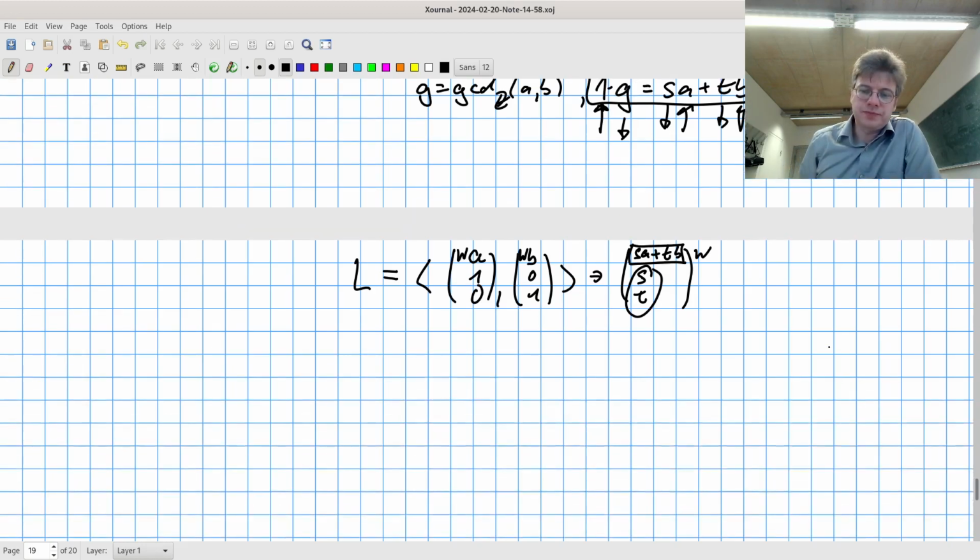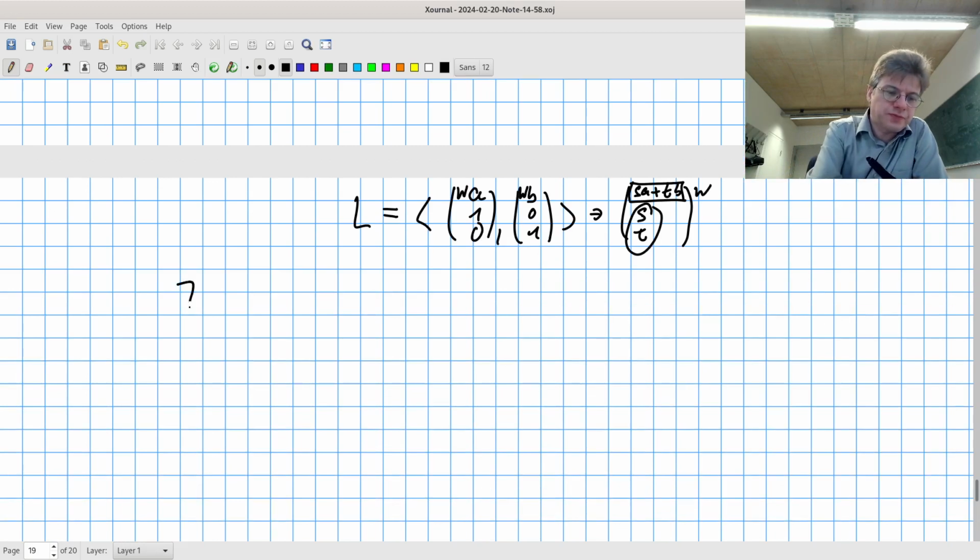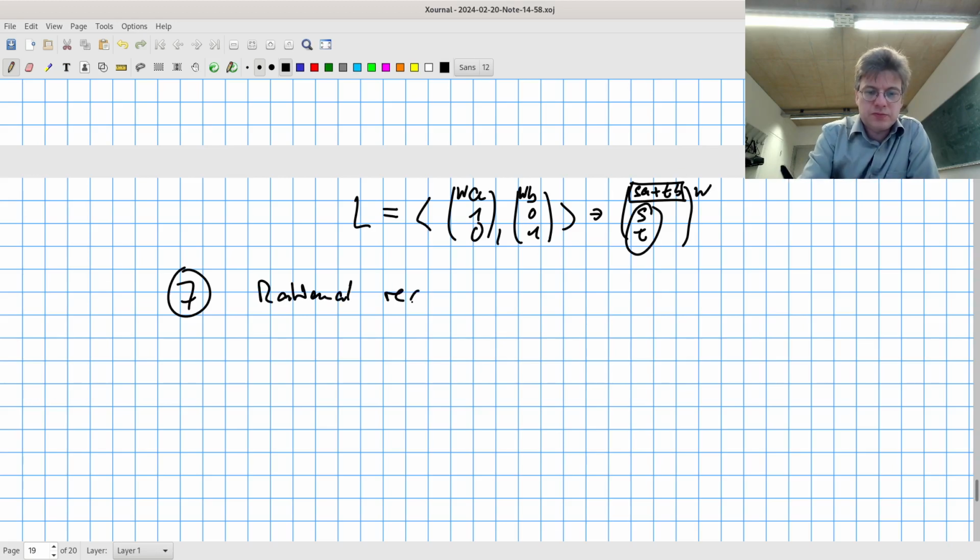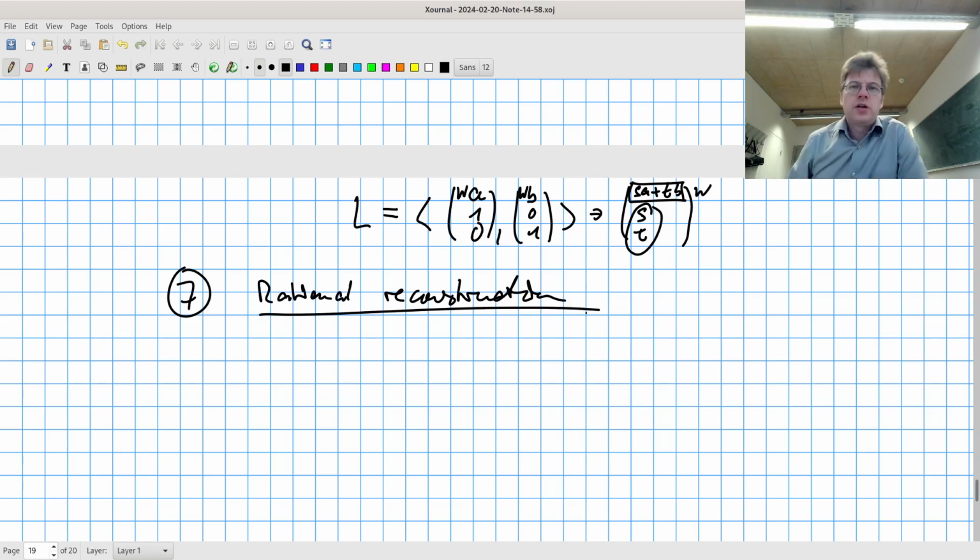Okay, what else can you do? You can do rational reconstruction. This is something we discussed in the context of evaluation and interpolation. When you have a homomorphic image of a rational number, then the question is, what is the pre-image?